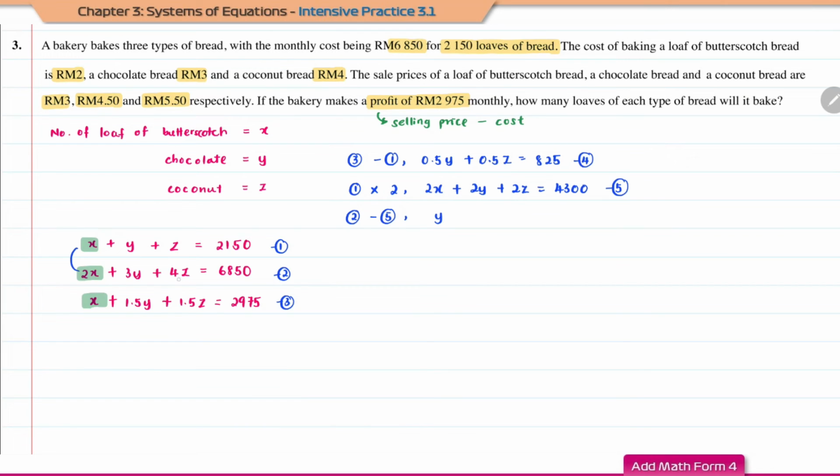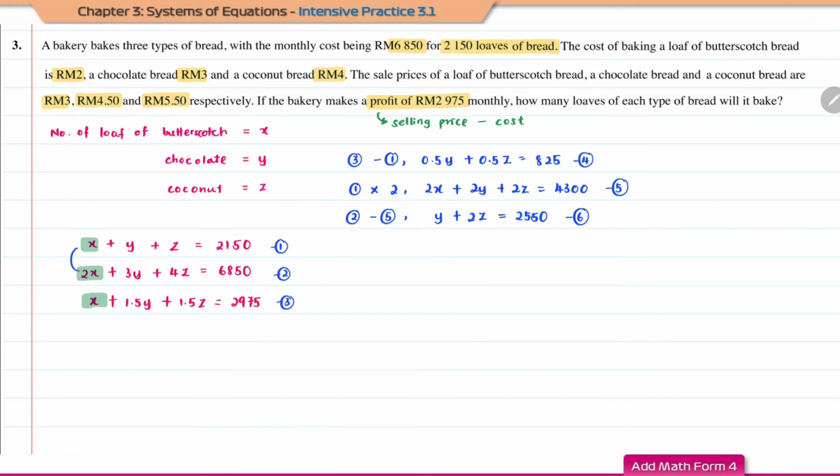And then the 4z minus this 2z, I'm going to have 2z. And then the number 6,850 minus the 4,300, you're going to have 2,550. All right, so this will be equation number 6.